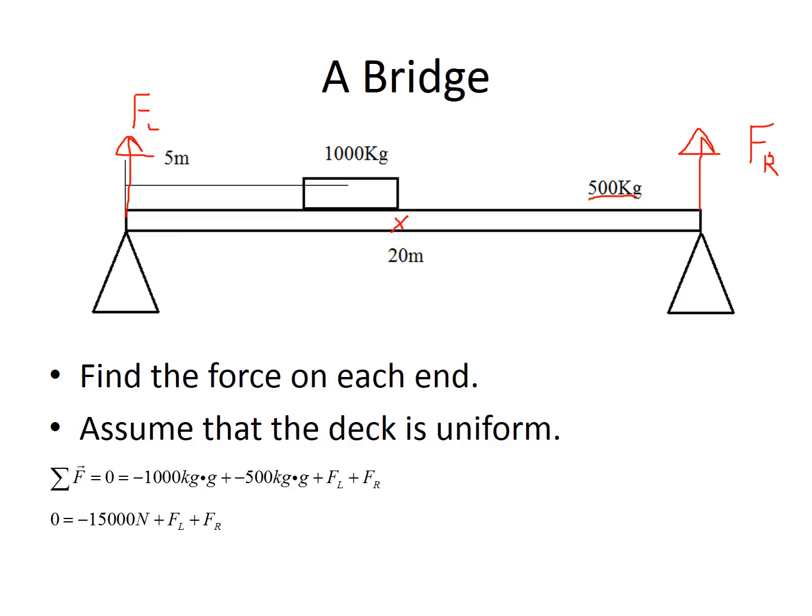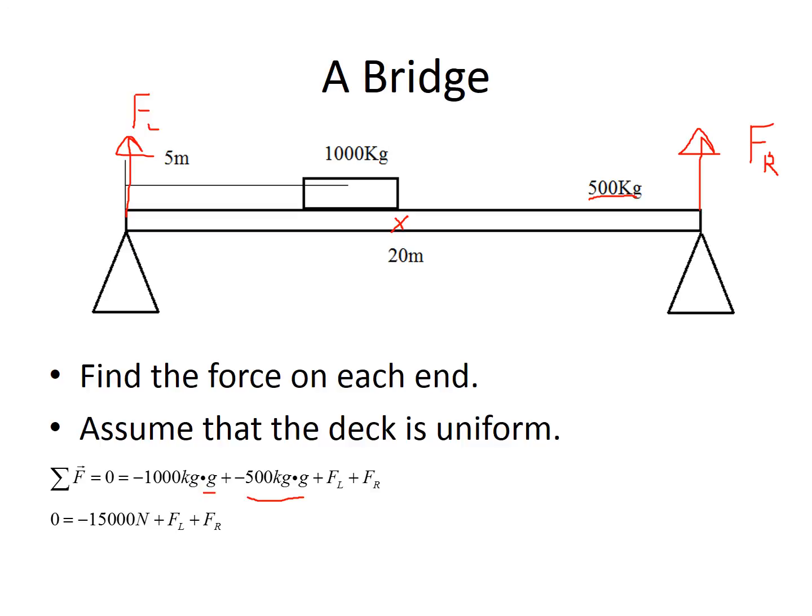So we have the forces: the mass of the bridge times the acceleration due to gravity, and for the purposes here we're going to call that 10, and the mass of the bridge times the acceleration of gravity, little g, and again for purposes of making this calculation easy we're going to call that 10 as well.